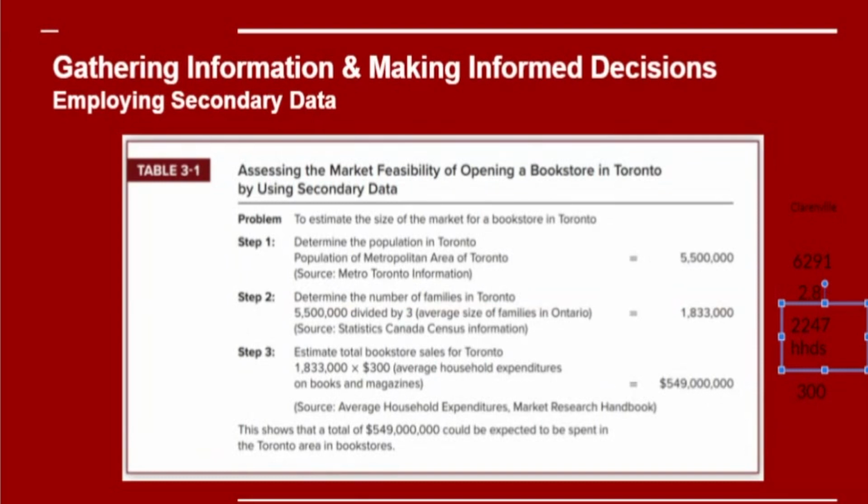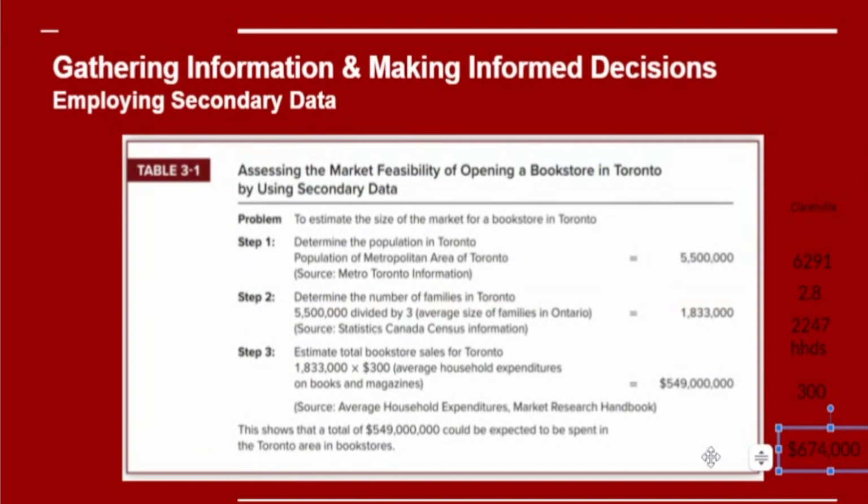We assume that there's $300 per household, so we multiply that number by $300. That's $674,000. So in the Clarenville area, if we were to ask the same question, the total books and magazine sales per year, based on this data and the assumption of $300 per year, would be $674,000. And that's effectively how we can employ secondary data to give us a number.